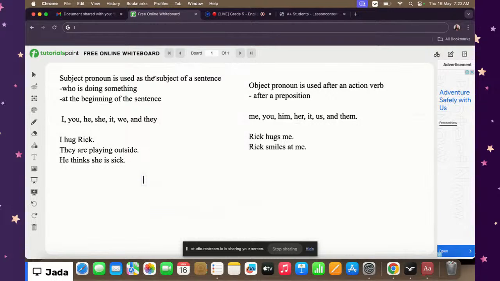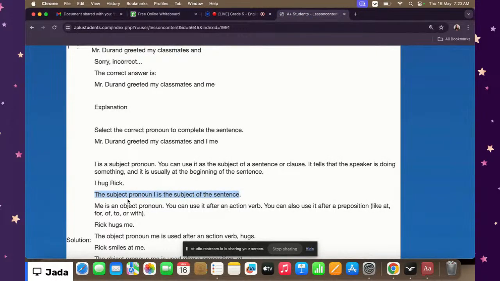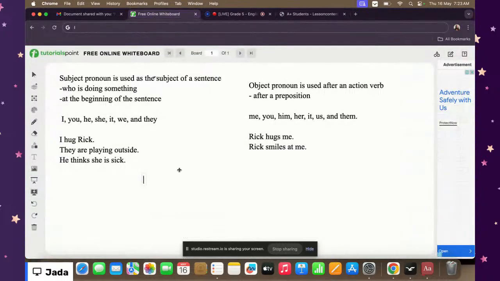So let's take note of the I. This particular lesson we're having is just I and me. Okay. So the subject pronoun I is the subject of the sentence.